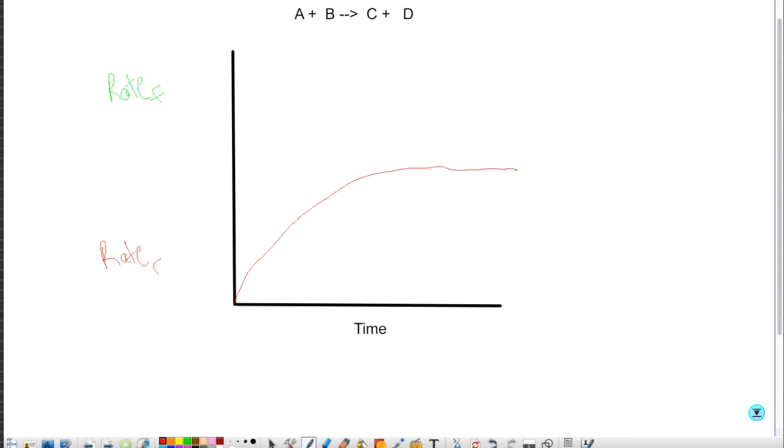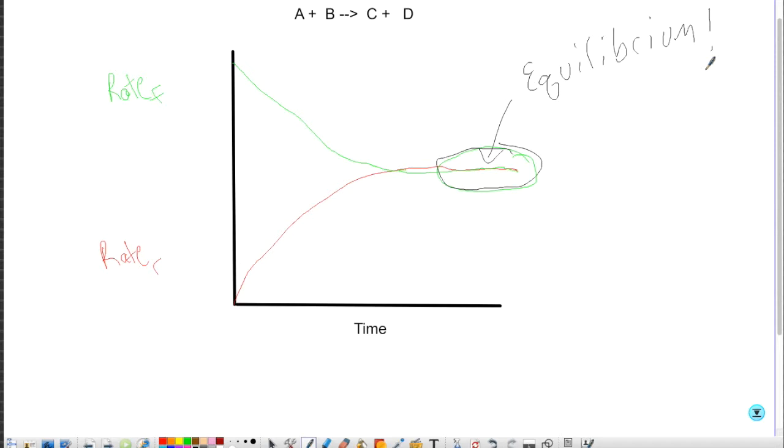And then it's going to tail off. And the rate of the forward reaction is going to decrease until it also tails off. And it'll tail off at the same point. And when these have exactly the same value, okay, circle that in black. This is equilibrium. Equilibrium. Yay.